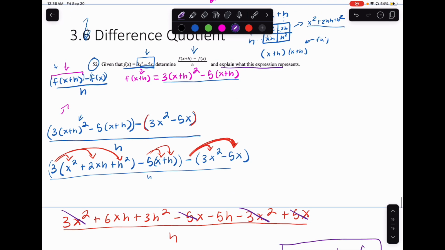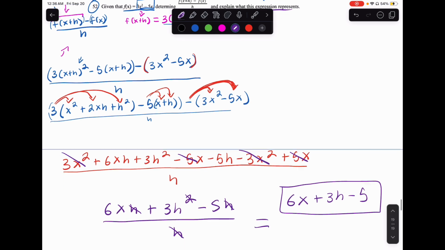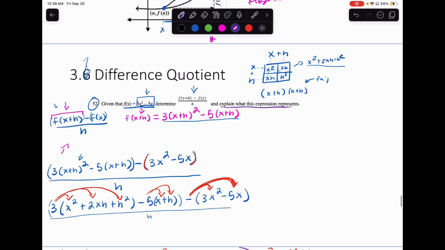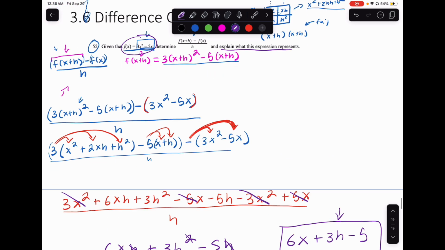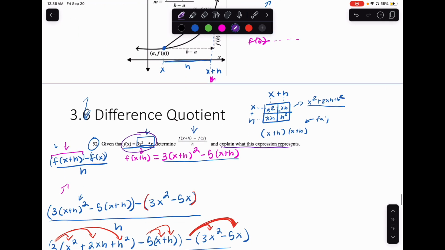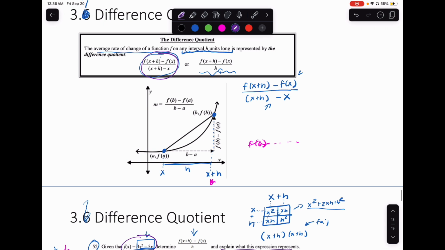And then it says explain what this expression represents. This is the difference quotient of our function over here, 3x squared minus 5x. What it represents is the average rate of change of the function f of x over the interval from x to x plus h.